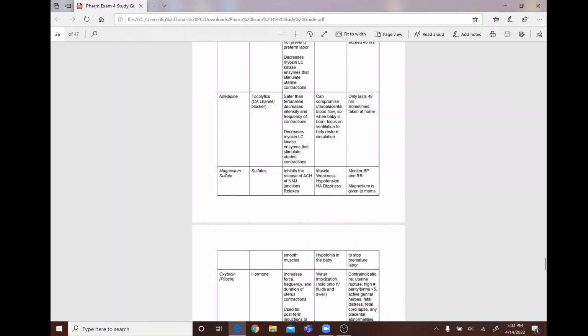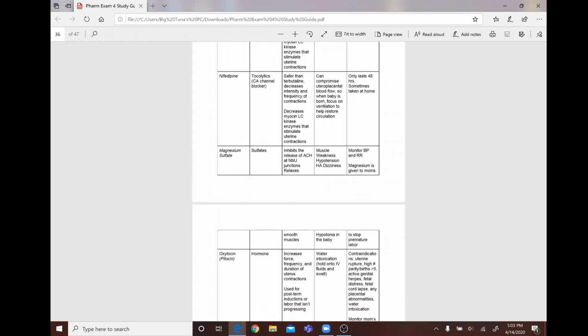All right, magnesium sulfate. What is the drug class? Sulfate. What is the action of magnesium sulfate? Inhibits the release of acetylcholine at neuromuscular junctions and relaxes smooth muscle. What are the side and adverse effects of magnesium sulfate?